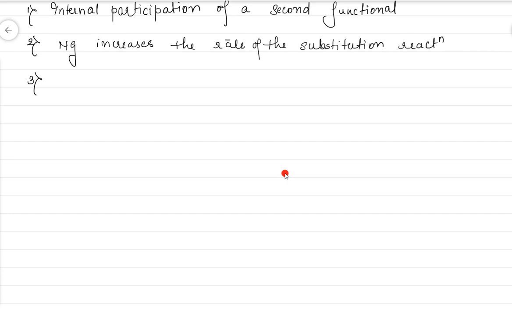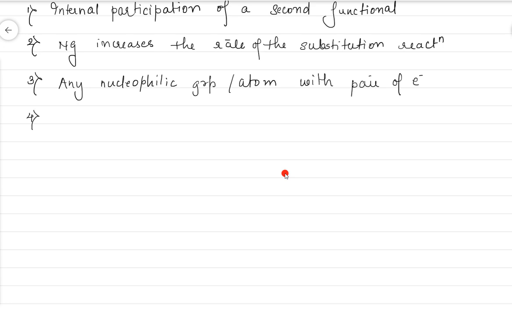Which type of neighboring groups can participate? Any nucleophilic group. Remember, Br has a pair of electrons, so it's a nucleophilic group. Any nucleophilic group or atom which has a pair of electrons can provide assistance, right? So this neighboring group, the NGP, should always have a pair of electrons so that it can take part in substitution reactions.